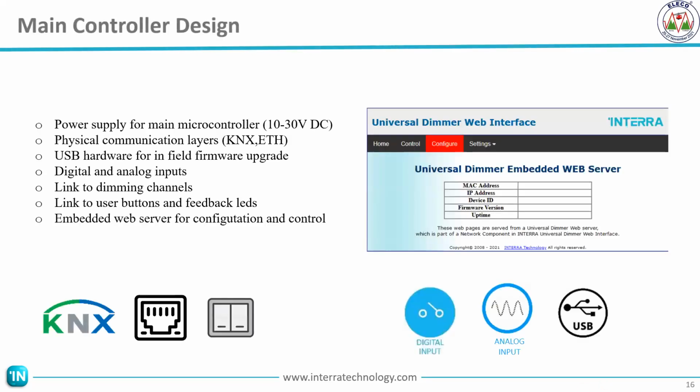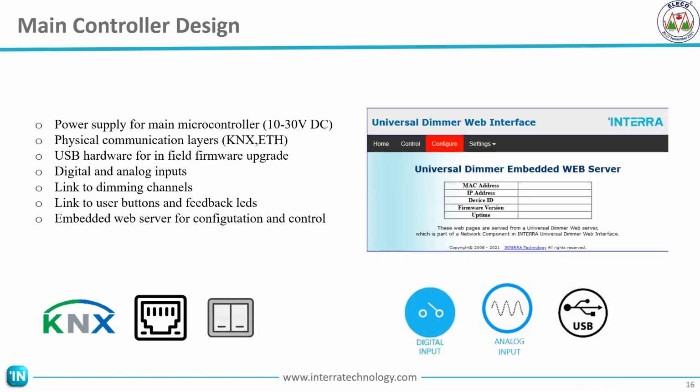Next slide. Our main microcontroller board design. The main control board is mostly a digital board, unlike the dimming board. This part performs the main task in the main control firmware.